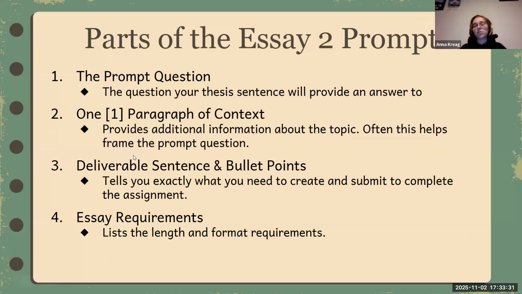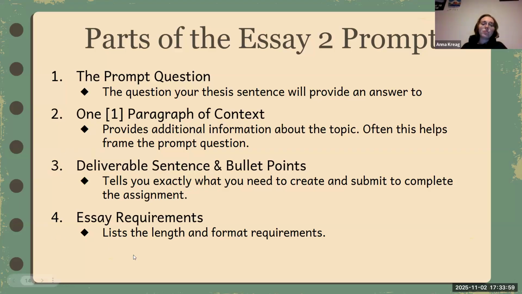The second piece is 1 paragraph of context information. This will give you some context on a topic that you might not be super familiar with, like question number 4, the question about GPS and maps. It'll give you some context to understand the question even. So make sure you read the paragraph of context.